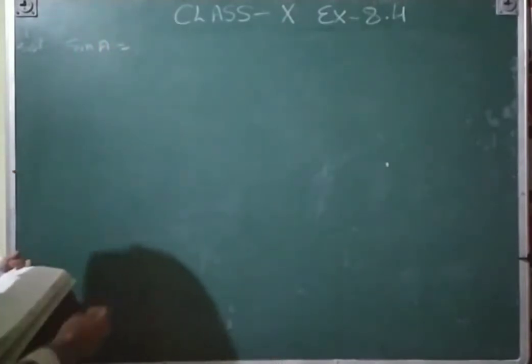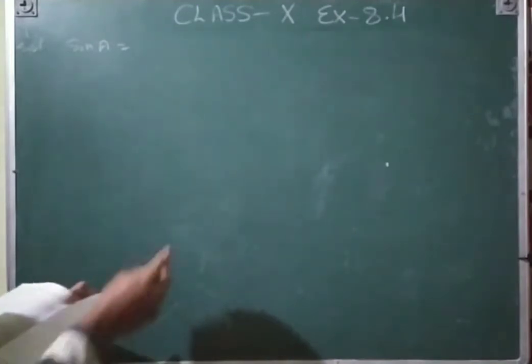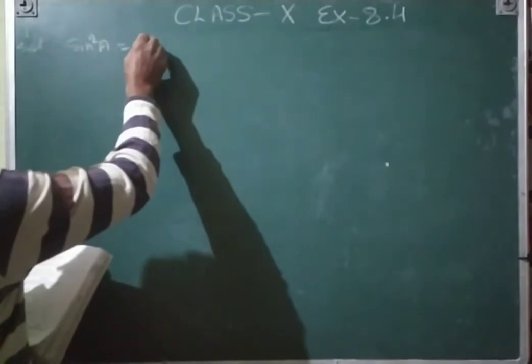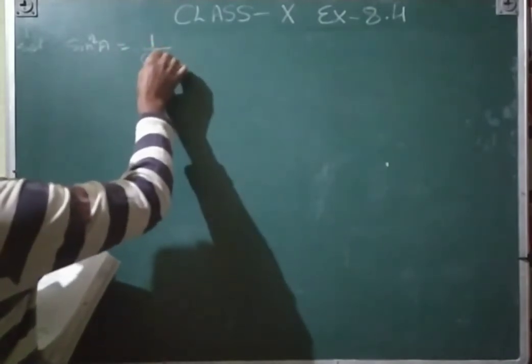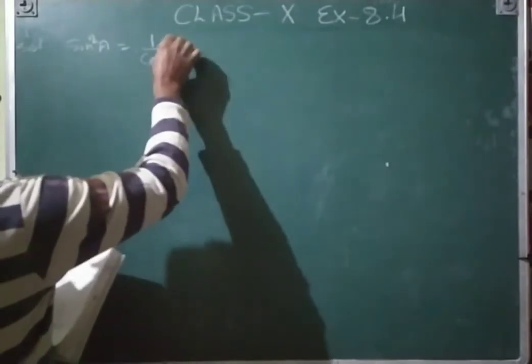Here we cannot do anything directly, so we will use sin square A equal to 1 upon cosec square A. This is the identity.